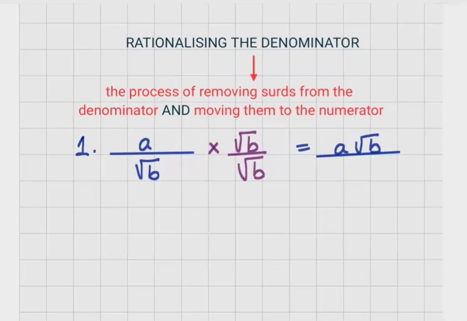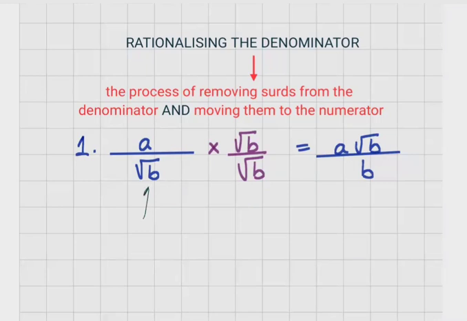In the denominator, root b multiplied by root b is just a whole number b. This, again, is one of our rules or laws when it comes to surds. When you multiply a root by itself twice, the roots cancel and we just have the number b in this case.